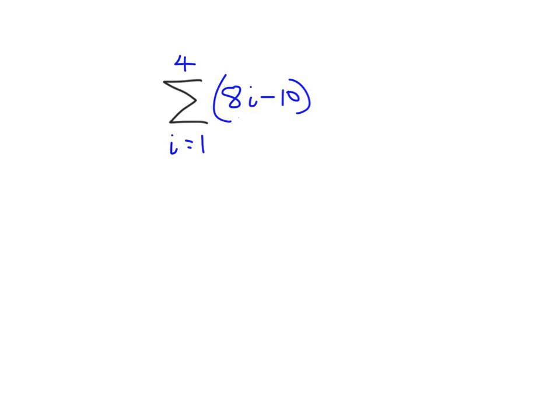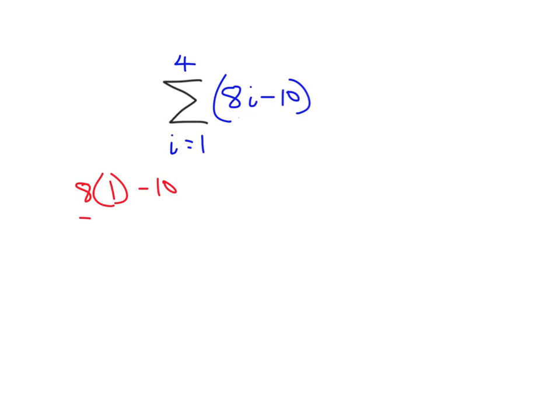So let's put 1 in first. I'll do that in red. 8 times 1 minus 10. Okay? Because it says i equals 1. So we're going to put 1 in for i.